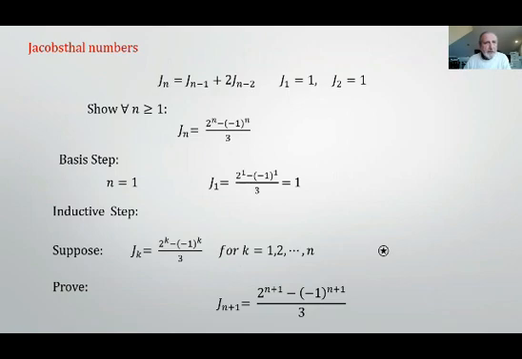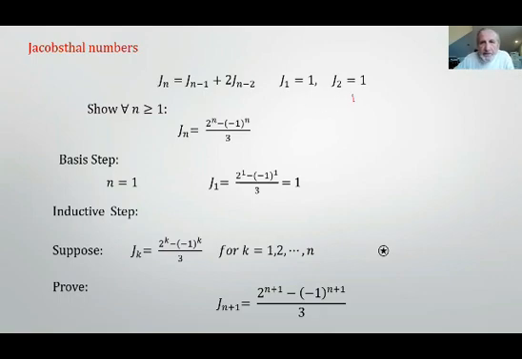Here's the last example. Jacobsthal numbers, and I hope I'm pronouncing his name correctly. This is the definition of these numbers. Jn is Jn minus 1 plus twice Jn minus 2. J1 is 1 and J2 is 1. So the way you generate these numbers is like this.